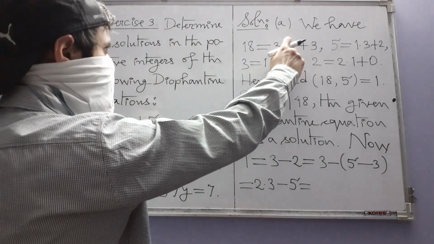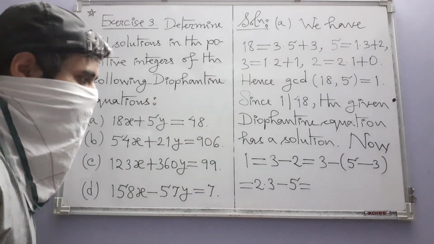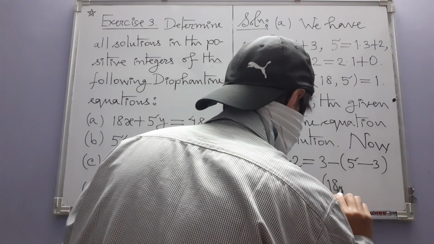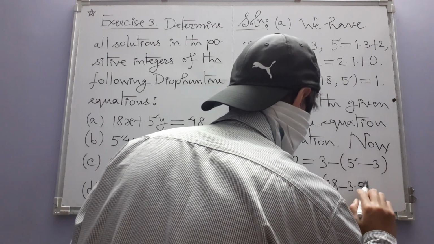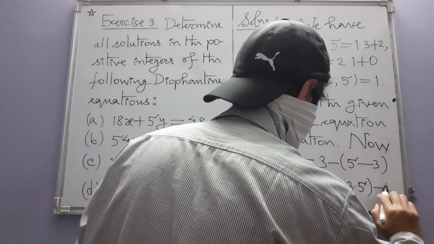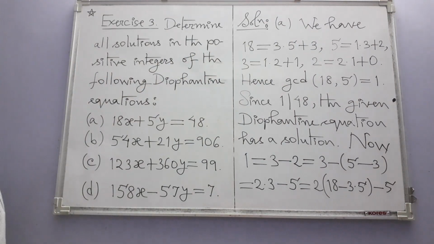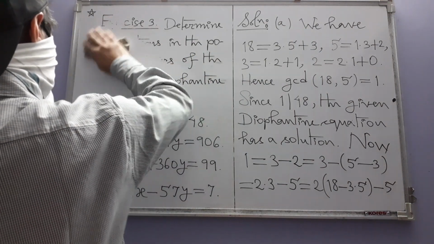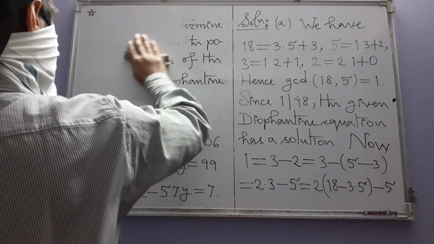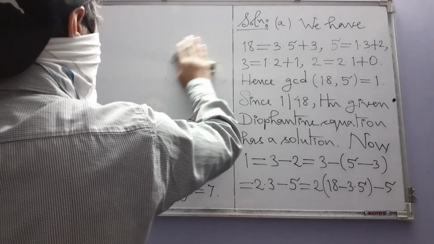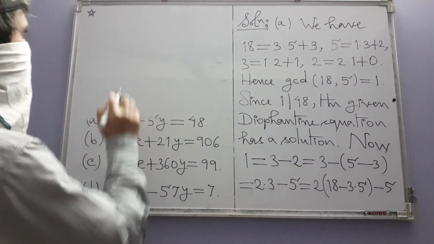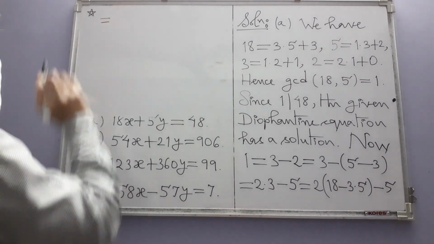Then we replace 3 with 18 minus 3 times 5. So 2 times (18 minus 3 times 5) minus 5. Okay, so what do we get here?